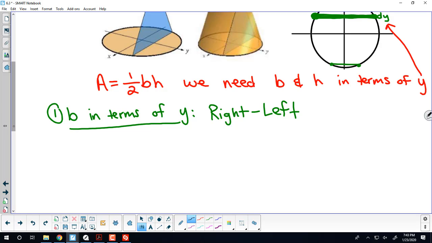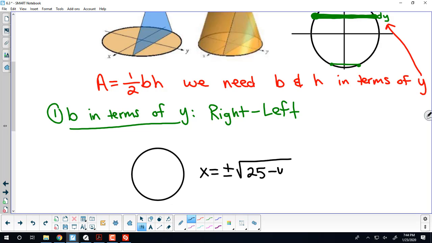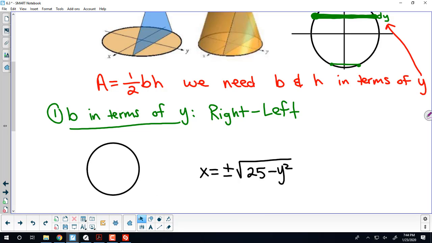So we'll just write it here. Our circle, we'll just solve for x. So remember, we've got two representations for x.